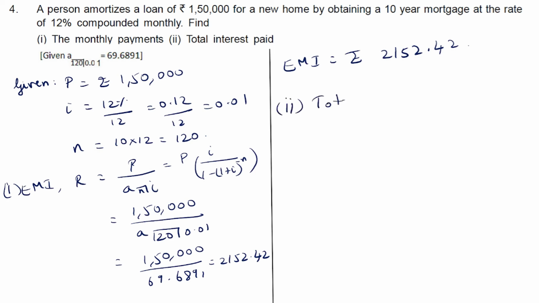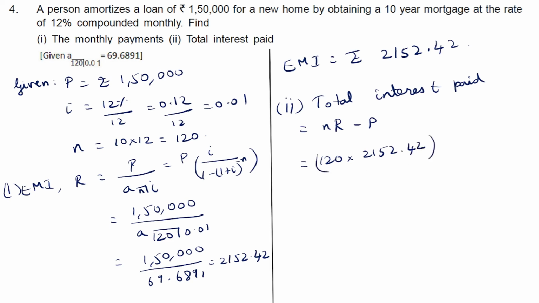Second subdivision, total interest paid. We know how it can be calculated. It is calculated as N into R minus P. So here N is 120 into R is this EMI, 2,152.42 minus P is 1,50,000.